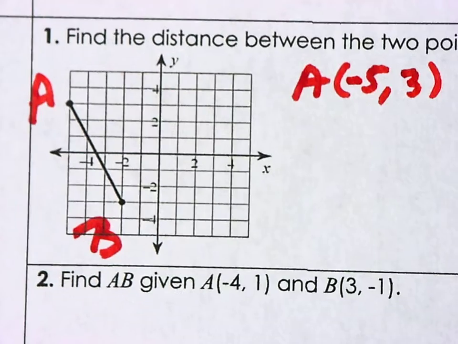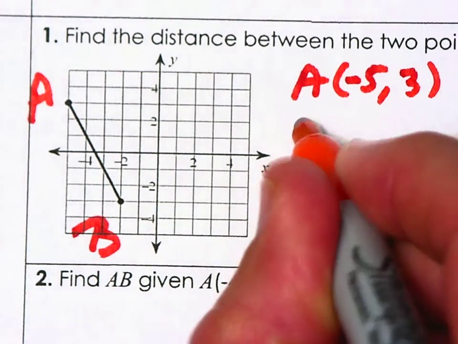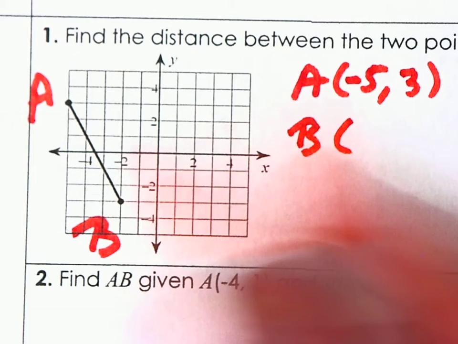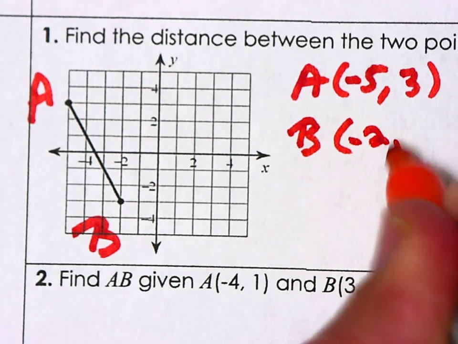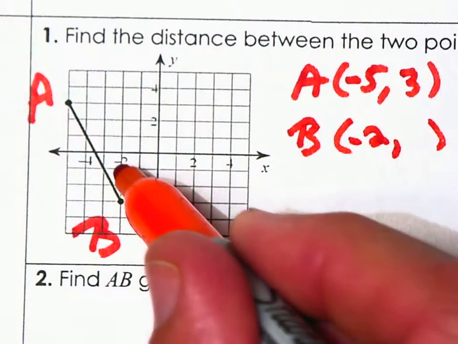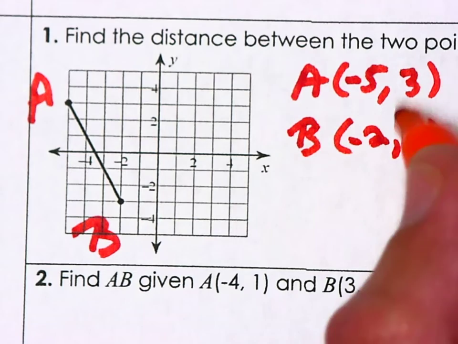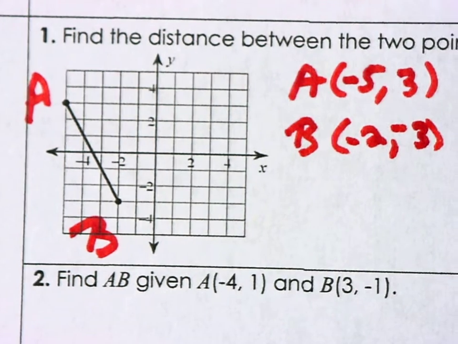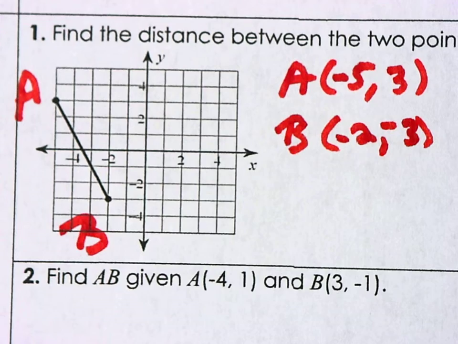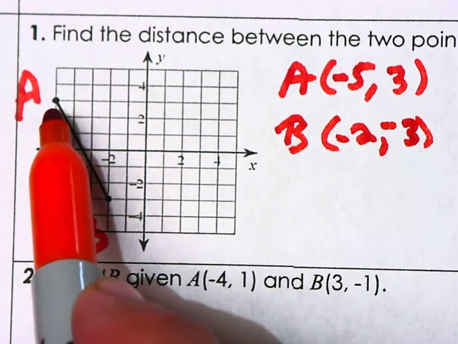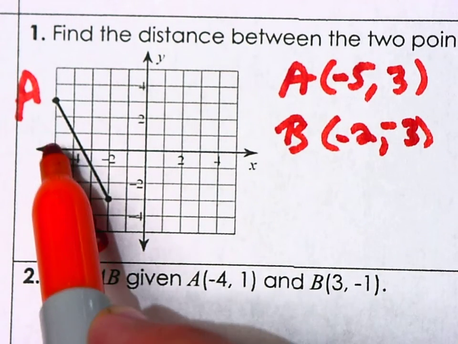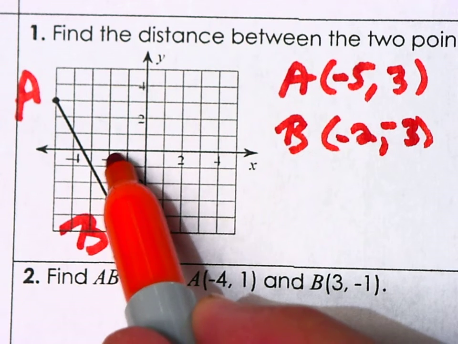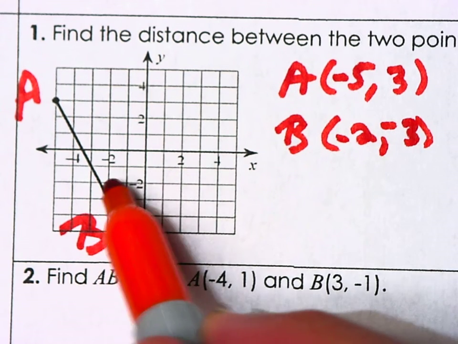Then point B is where -1, -2, comma, and you're dropping down 1, 2, 3, so -3. Let me double check my points. A is 5 to the left, 3 up. B is 2 to the left, 3 down.